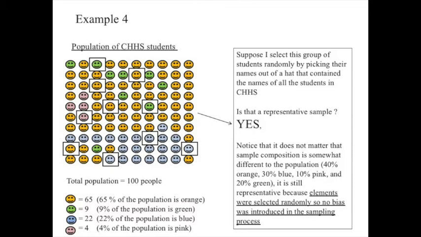It is still a representative sample. The composition has nothing to do with whether it's a representative or a biased sample. It is the way in which the elements were selected that makes a sample representative or biased.